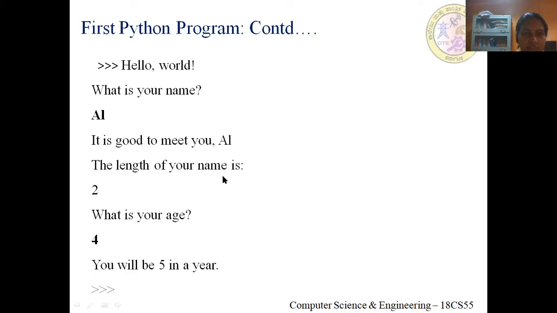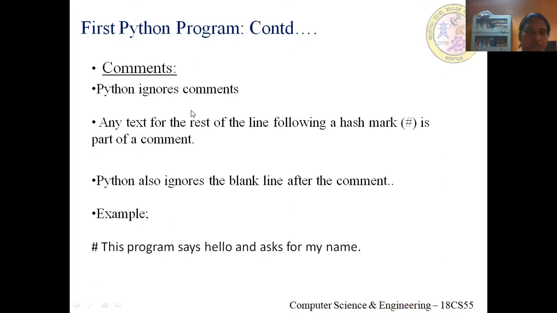Next, the length of your name is 2. Again it will ask what is your age. I'll enter 4. Then 1 is added and it displays 5 in a year. This is the interactive way the program communicates with the user: the user gives the input, and according to that the output is displayed at the interactive shell.